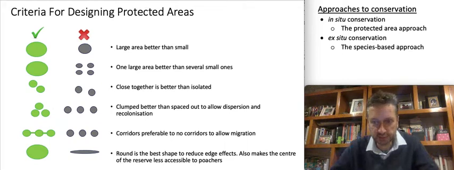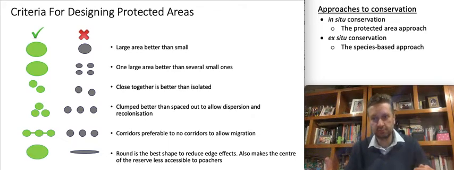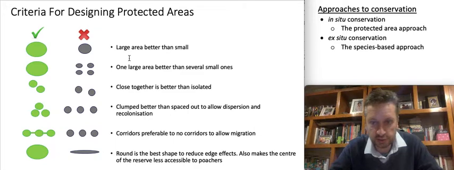This is all common sense, but I've made what I hope is a reasonably nice little graphic here to make it obvious. When designing a protected area, it could be a small piece of land, it could be a national park. Obviously, large areas are better than small.